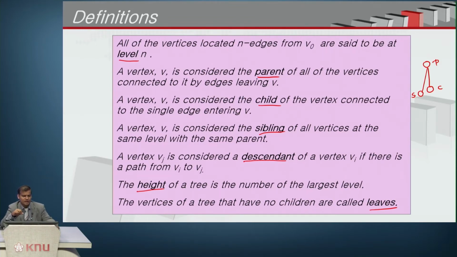A vertex Vj is considered a descendant of a vertex Vi if there is a path from Vi to Vj.